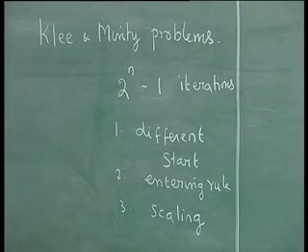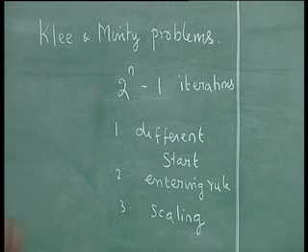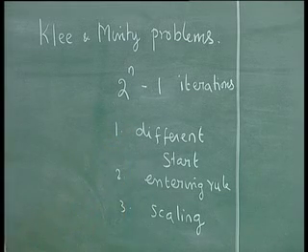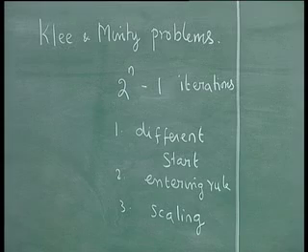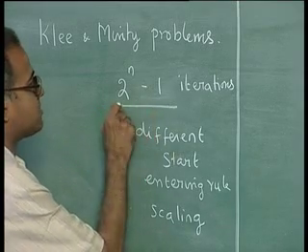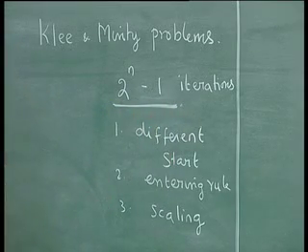But we should keep in mind that the idea of the Klee-Minty problem was not to solve the Klee-Minty problem, but to expose the fact that the Simplex algorithm, particularly when you use the largest coefficient rule, the Cj minus Zj rule, can turn out to be exponential for certain types of problems.